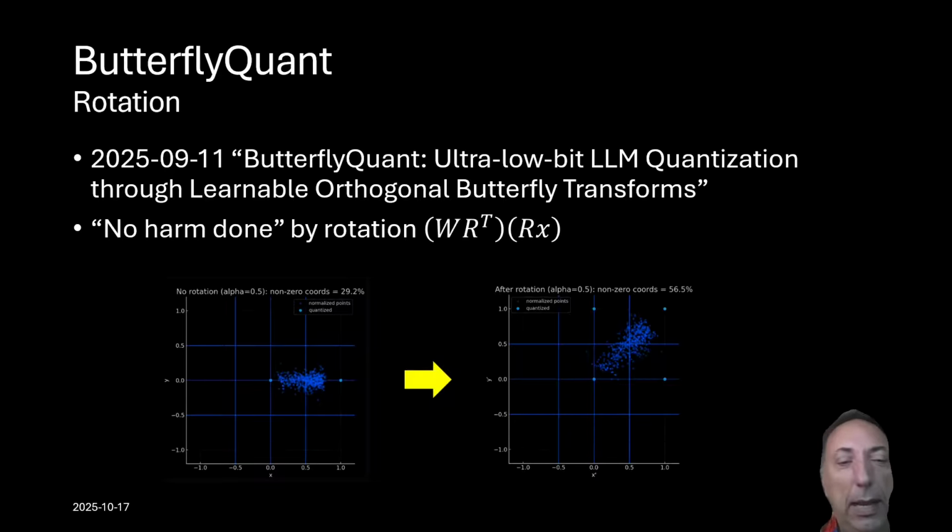The reason that rotating a vector space can help is it can push more of the weights away from zero so that they don't just get rounded down to zero. And we can do this rotation because we keep everything the same by not only rotating the weight matrix, but we also rotate our input vectors so that the rotations cancel out.